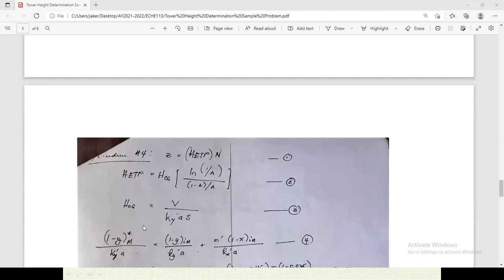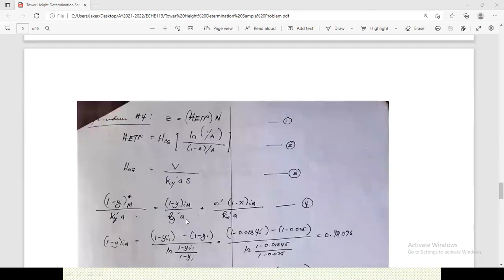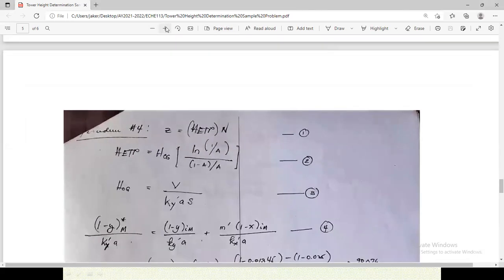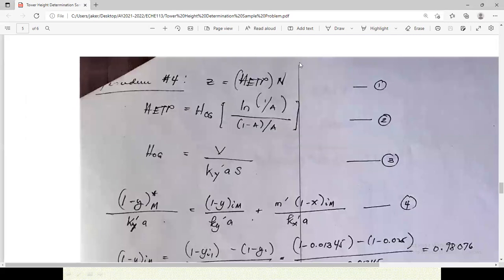But these are the formulas, and you can see in the formula that this is no coincidence, class, that you see here a capital K sub y prime a. So if it's a capital K sub y prime a, it's the overall gas mass transfer coefficient.